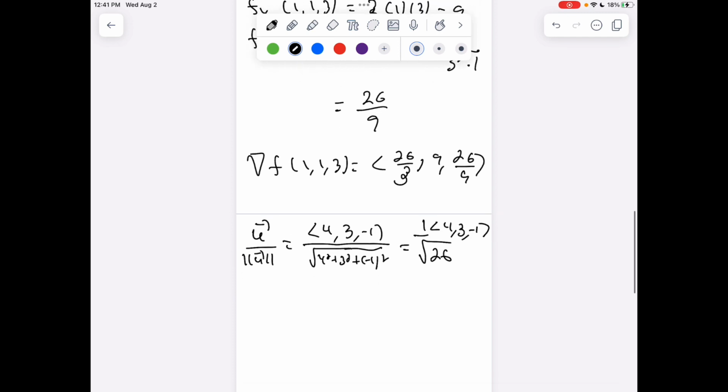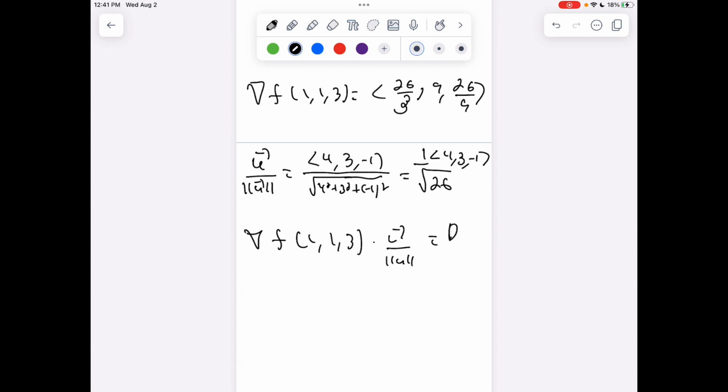And finally, when we find our directional derivative, we would go ahead and take our gradient value of (26/3, 9, 26/9), and then dot it with 1 over square root of 26 times (4, 3, negative 1).